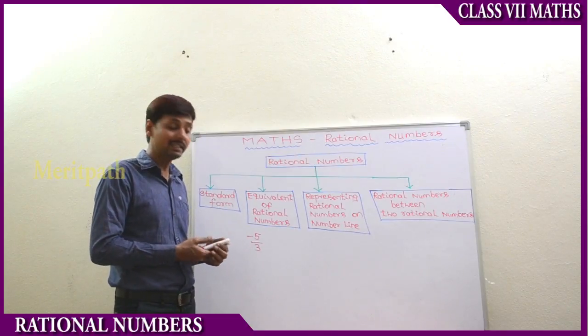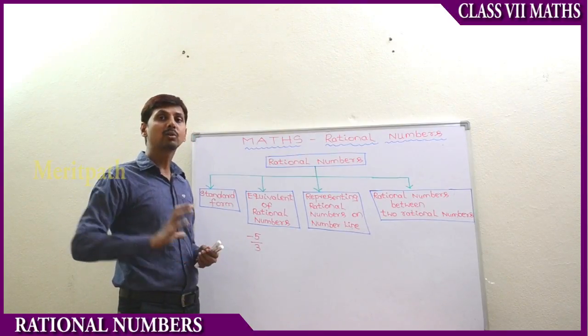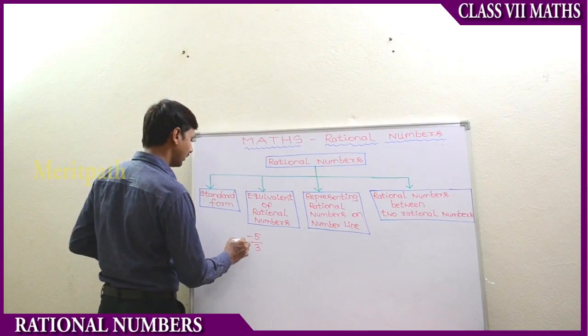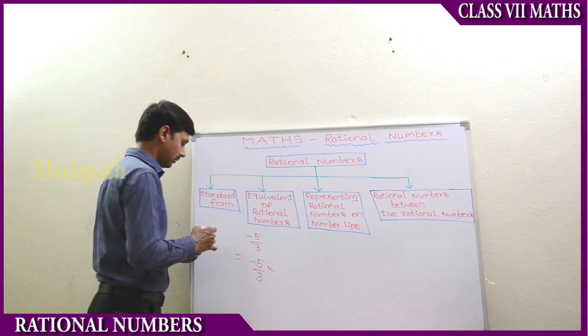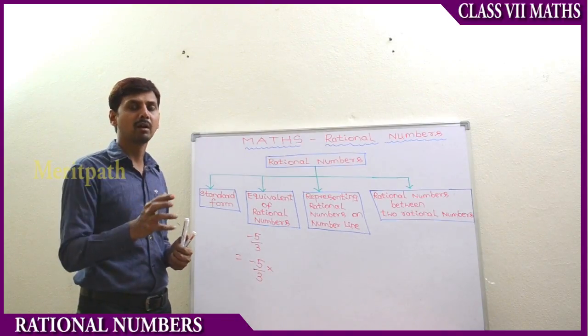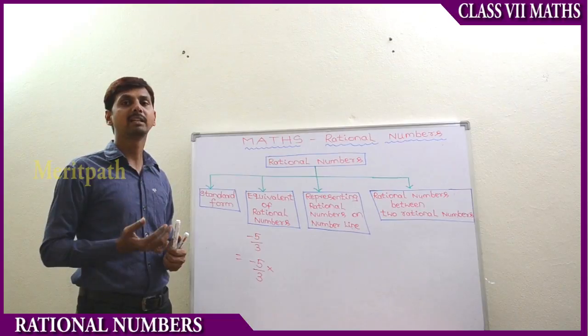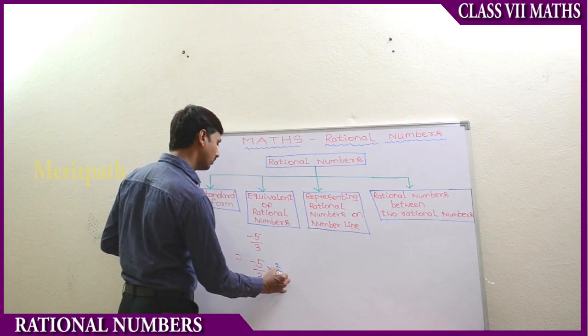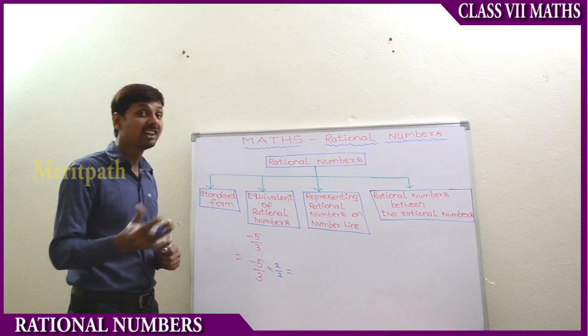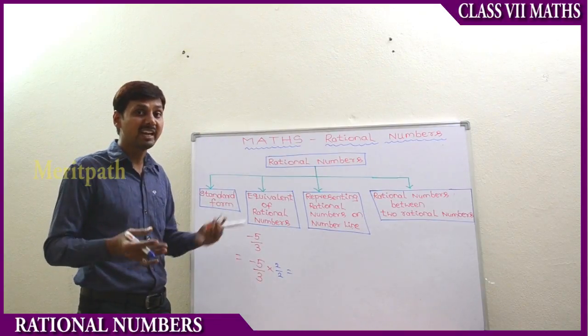So minus 5 by 3. We want to find the equivalent rational number. Let's try minus 5 by 3. If we multiply the numerator and denominator by a constant number, we will get an equivalent rational number. For example, multiply by 2 by 2. So we'll get a different rational number, it will be changed.